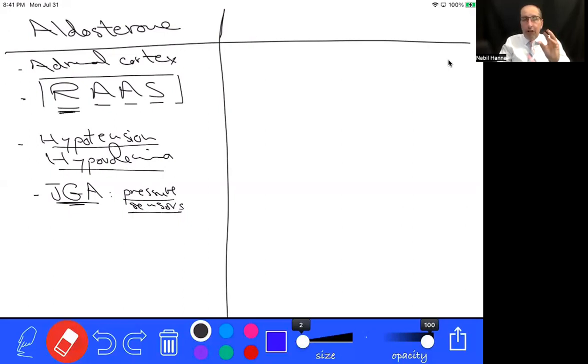Once there is hypotension or hypovolemia, the juxtaglomerular apparatus releases tons of renin, and this renin will result in the formation of angiotensinogen, then angiotensin 1, and then angiotensin 2. And angiotensin 2 will stimulate the adrenal cortex to release aldosterone. What's the function of aldosterone? Salt and water retention.